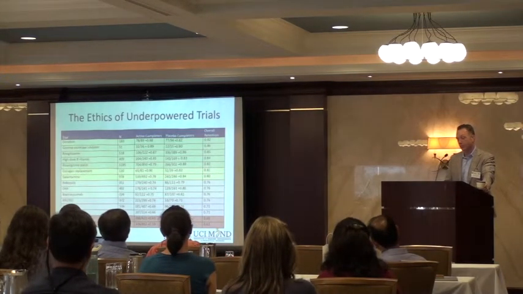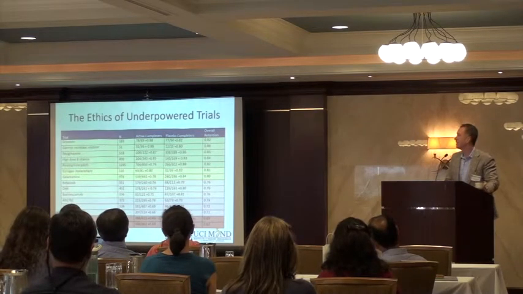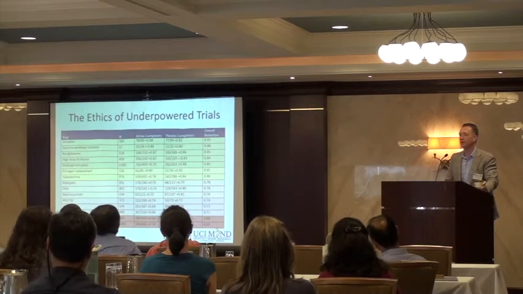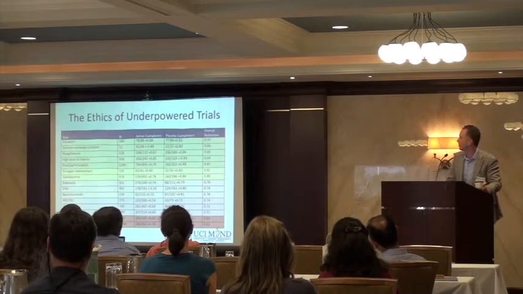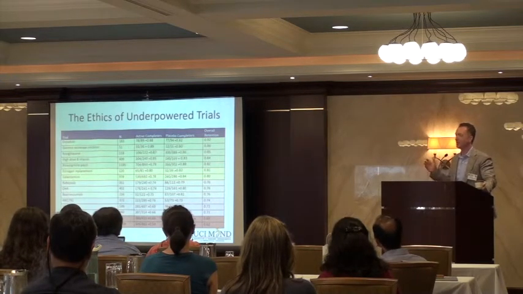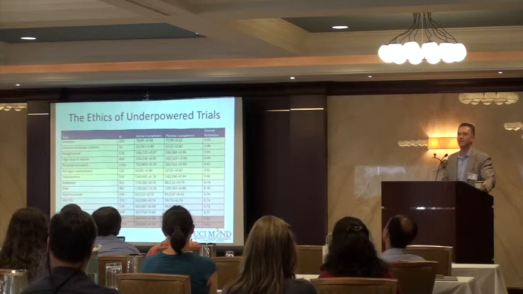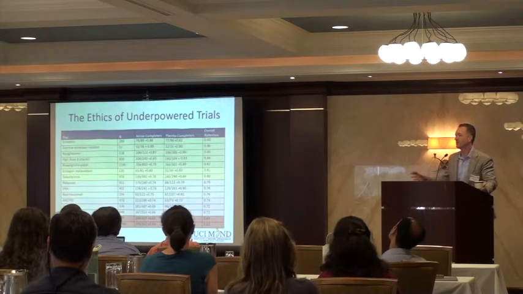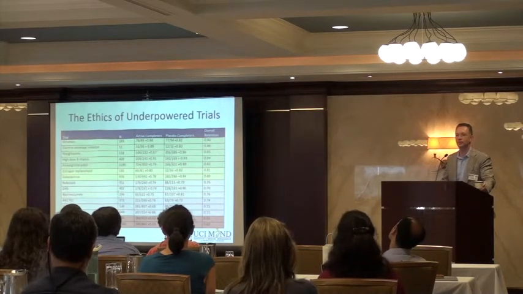This is from a review we wrote a few years ago looking at retention rates for Alzheimer's disease trials. Again, I've color-coded it based on an industry standard of 80% power calculations that are based on 80% completion.